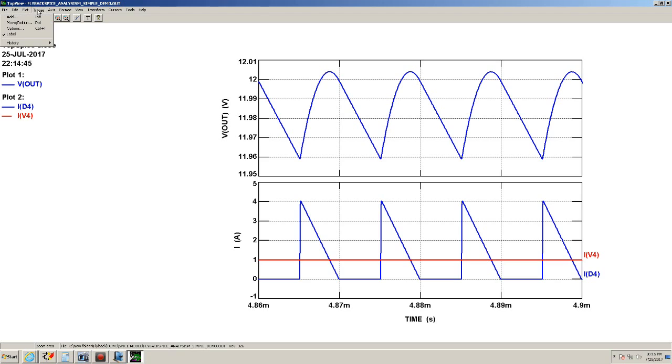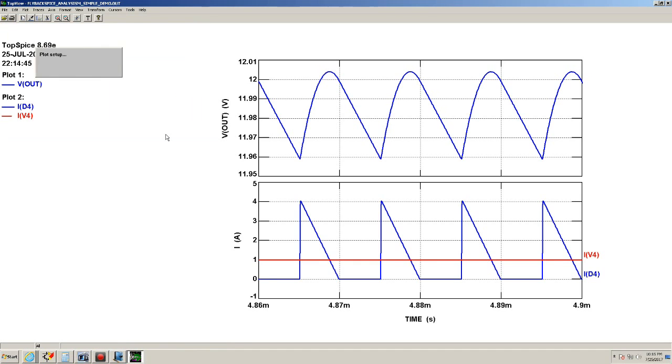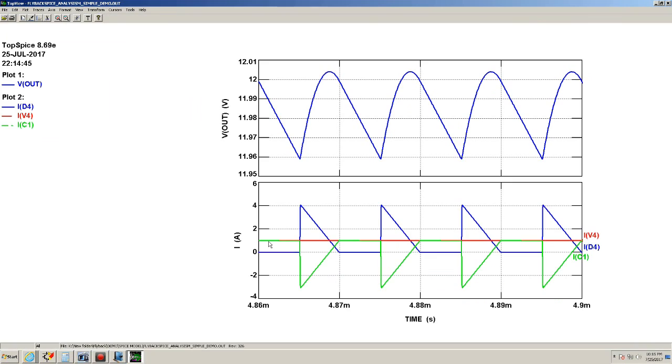Okay, let me go ahead and add that, but it's going to be inverted. So here delta is 4.